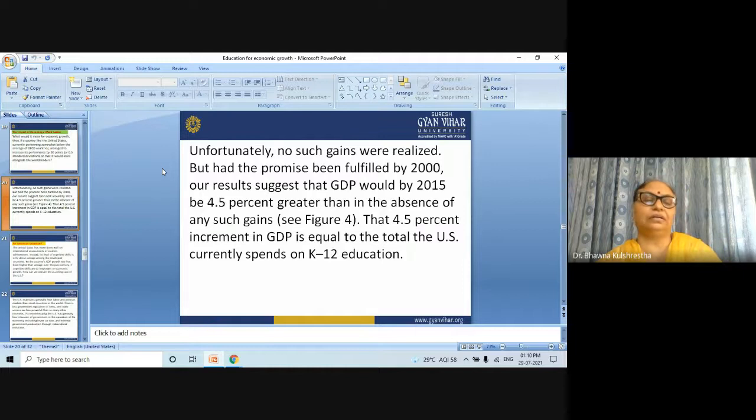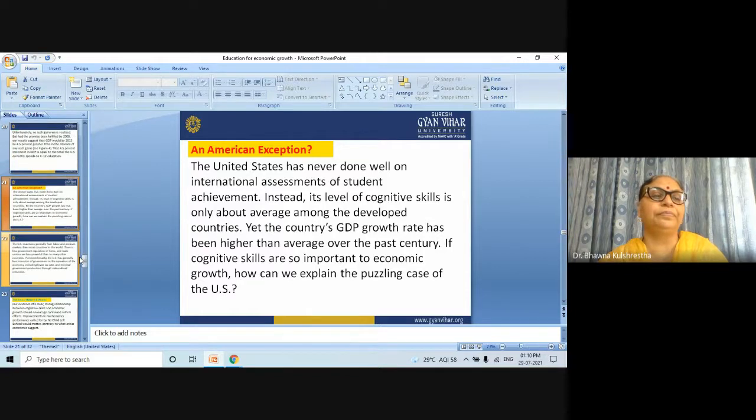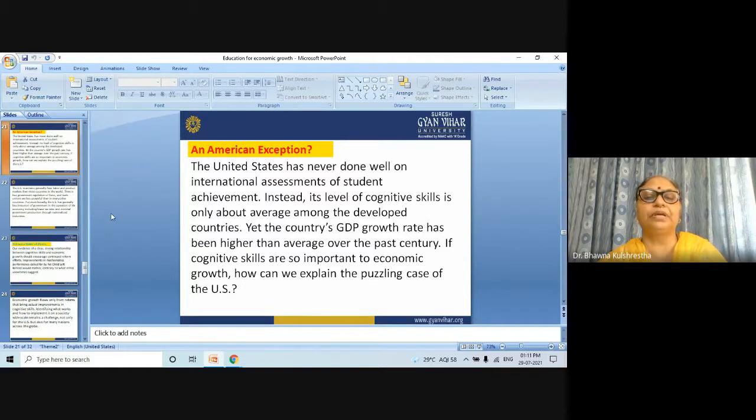And the American exception: the United States has never done well on international assessments of students' achievement. Instead, its level of cognitive skills is only about average among the developed countries.